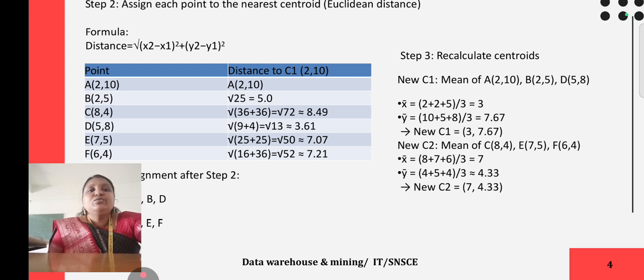Similarly, it is calculated for all the points with the Euclidean distance.